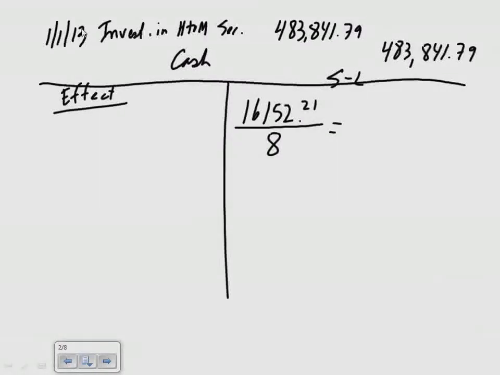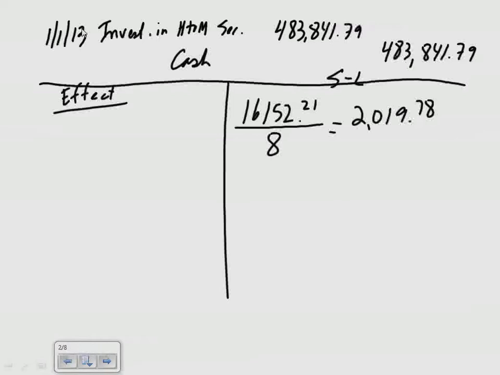We're going to amortize $2,019.78 each period.